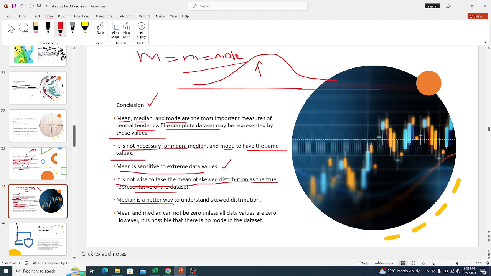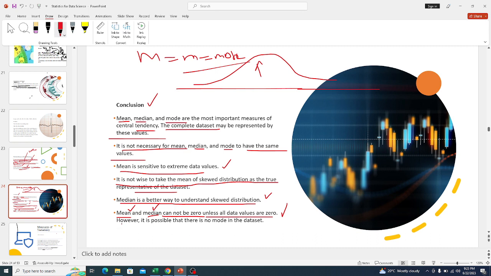Median is the better way to understand a skewed distribution. And we say that mean and median cannot be zero unless all the values are zero, because we will never have zero at the center of your data values.